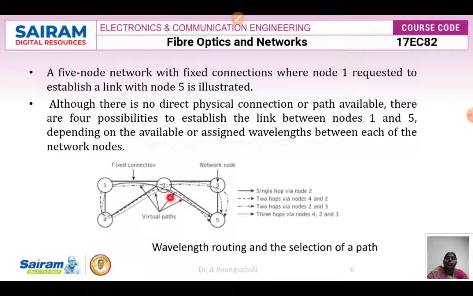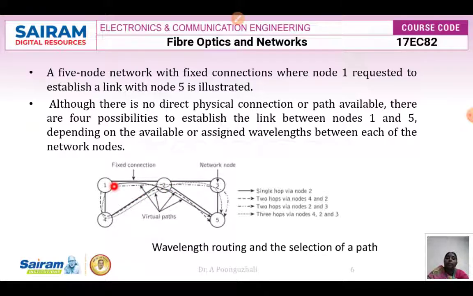That means I am going to have a single hop from 1 to 2, and 2 to 5. Next, I can have it through 2 hops: from node 1 to node 4, then to node 2, then to node 5. That means I am using 2 intermediate nodes, so 2 hops. Or I can go for 2 hops via node 2, 1, 3.